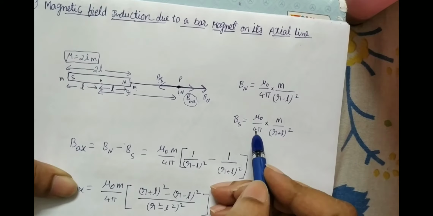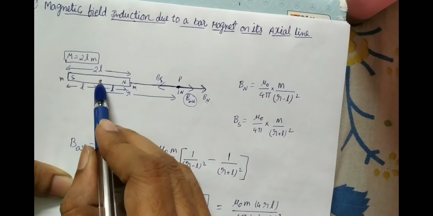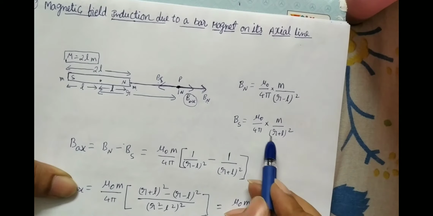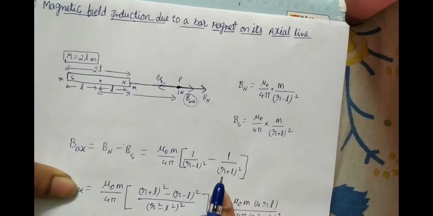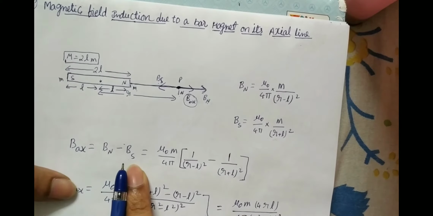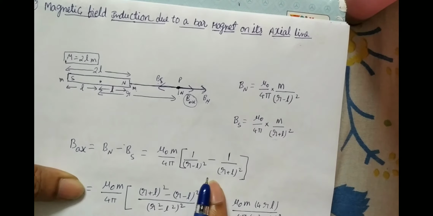The distance is squared. In case of the south pole, from here to here is r plus L. That's why the magnetic field due to the south pole is mu naught by 4 pi, m by r plus L whole square. Now we know Bn minus Bs has to be taken for the resultant field. Then take mu naught m by 4 pi common and you get an equation like this.